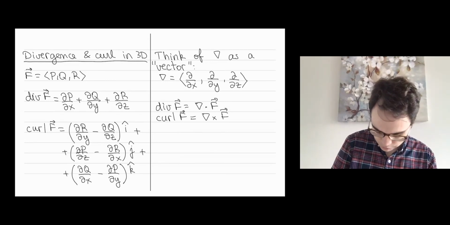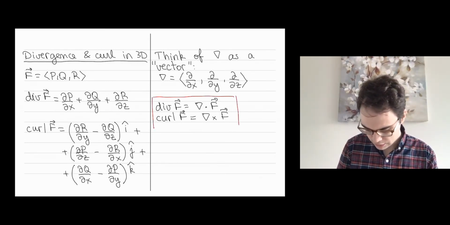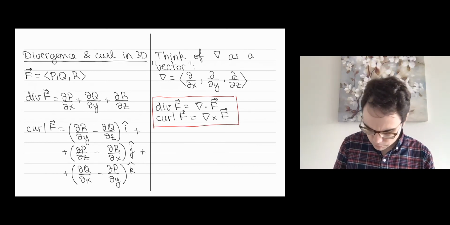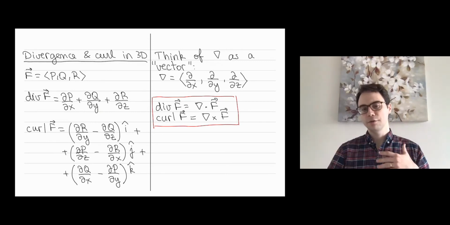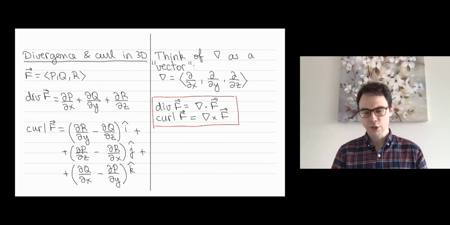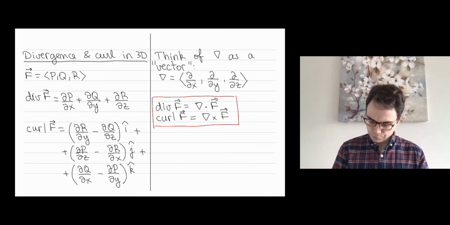So this is perhaps the best way to define and work with these things. Remember the cross product of two vectors is another vector, and you compute it with a funny determinant. I'm going to do an example in a second. And doing the cross product of this and this, you're going to get exactly this thing as an answer.